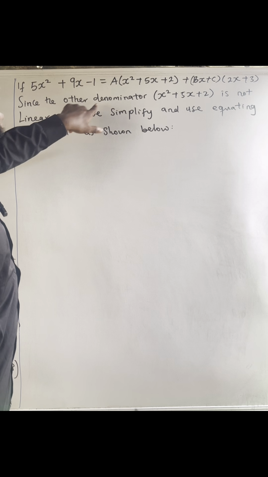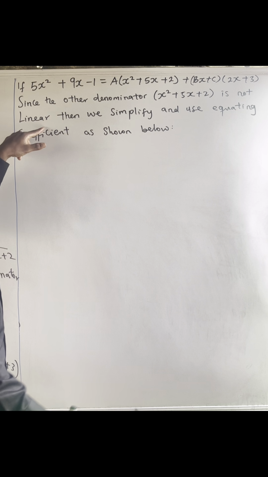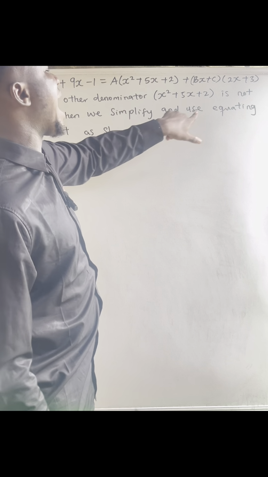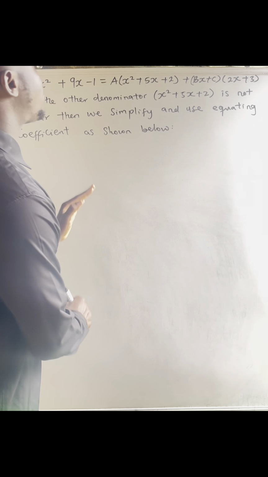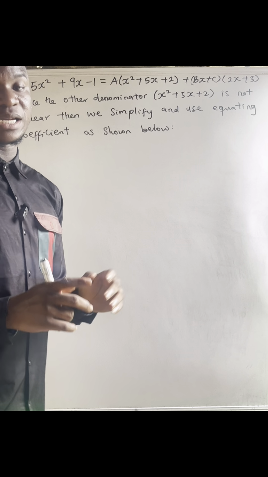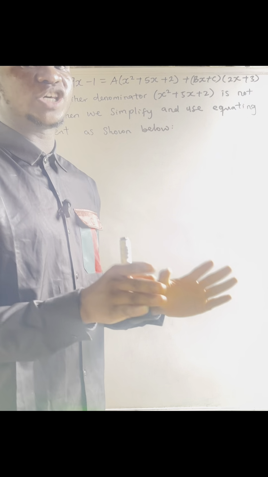So since the other denominator is not linear, we are going to simplify and use equating coefficients. Actually, there are different methods of solving this denominator not linear. But for this particular video, we will just be looking at the method of simplification and equating coefficients.